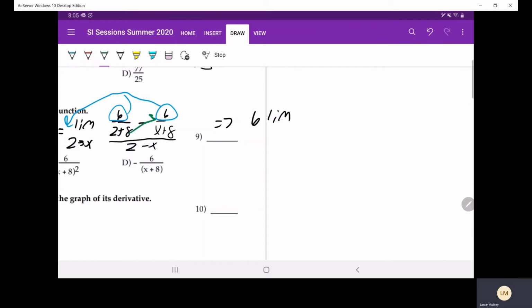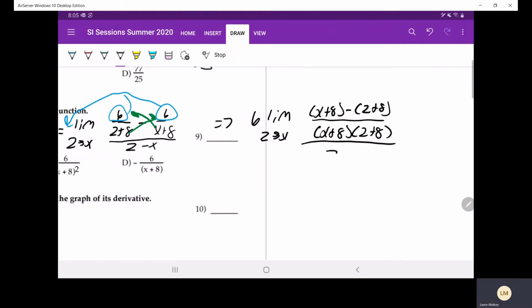And then cross multiply to get a common denominator, and save me a few steps, of x plus 8 minus z plus 8 all over. Remember our main goal here is to get something to cancel out. So this 8 minus 8 right here cancels out.